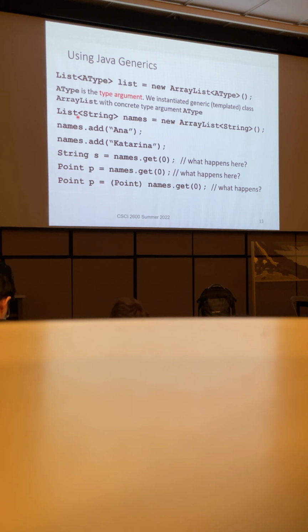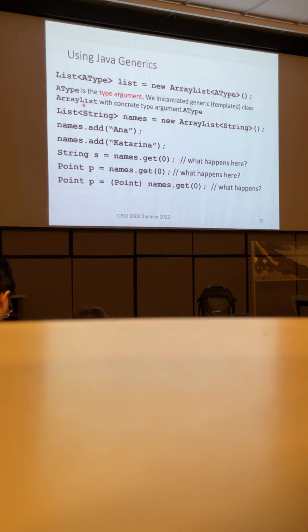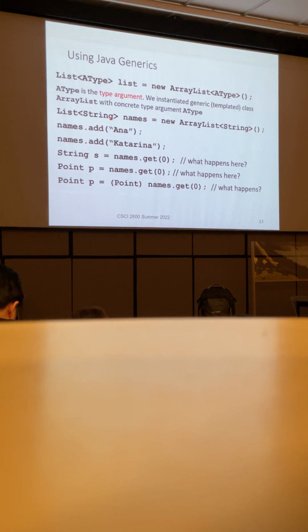Because List is an interface, ArrayList implements this interface, so from the standpoint of the type system, ArrayList is a subtype of List, and that works, right? So this is subtype polymorphism right here, in addition to parametric polymorphism, which manifests itself here with the angle brackets, those less than and greater than characters that we have here, because both the interface List and the class ArrayList are generic.